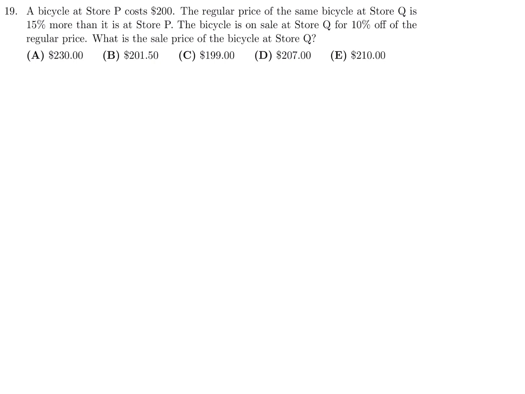A bicycle at store P costs $200. The regular price of the same bicycle at store Q is 15% more than it is at store P. The bicycle is on sale at store Q for 10% off of the regular price. What is the sale price of the bicycle at store Q? At store P, the price is $200. At store Q, the regular price is 15% more, so multiply 1.15 times 200, and that's $230.